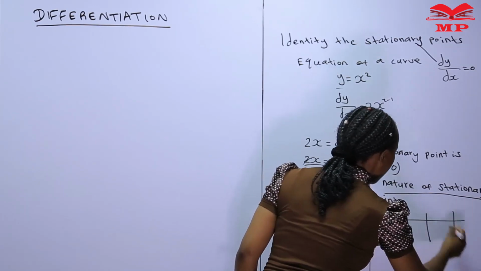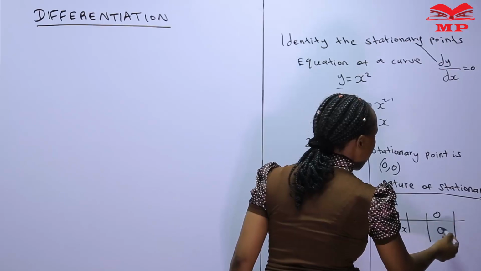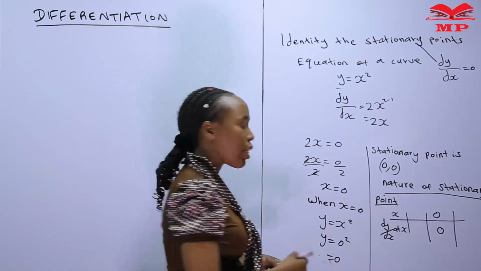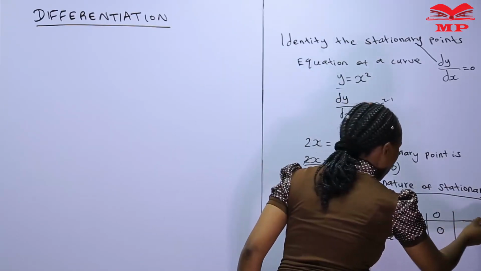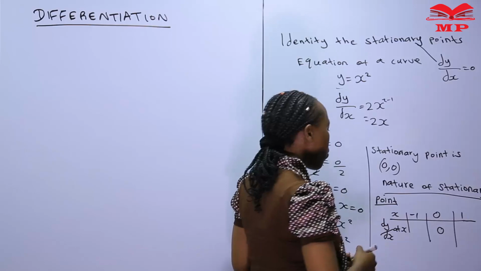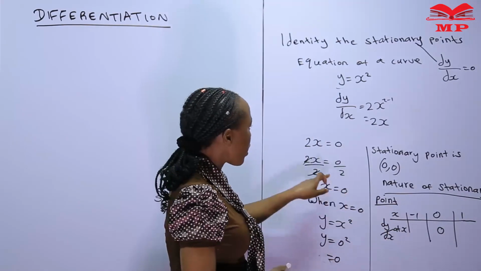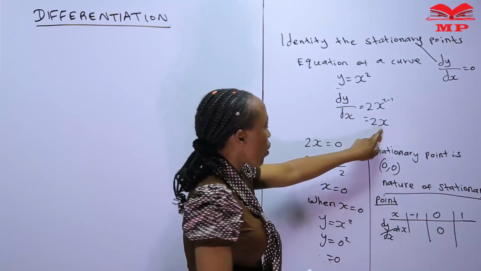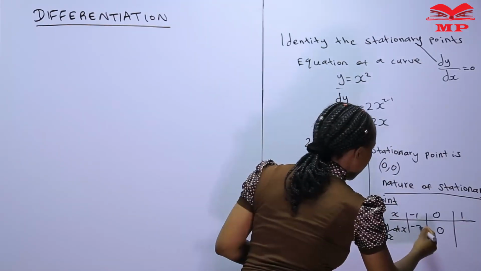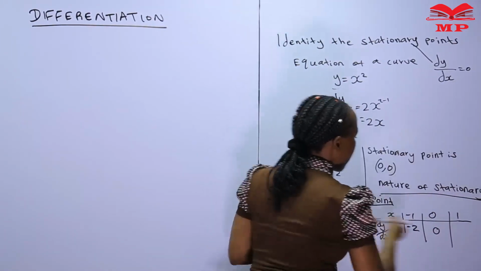So at the center you have the value for x when the gradient is 0. Then you choose a point towards the right and the left. So I can choose 1, I can choose -1. And dy/dx, the equation for the gradient, is 2x. So when x is -1, this will be -2. And when x is 1, this will be 2.